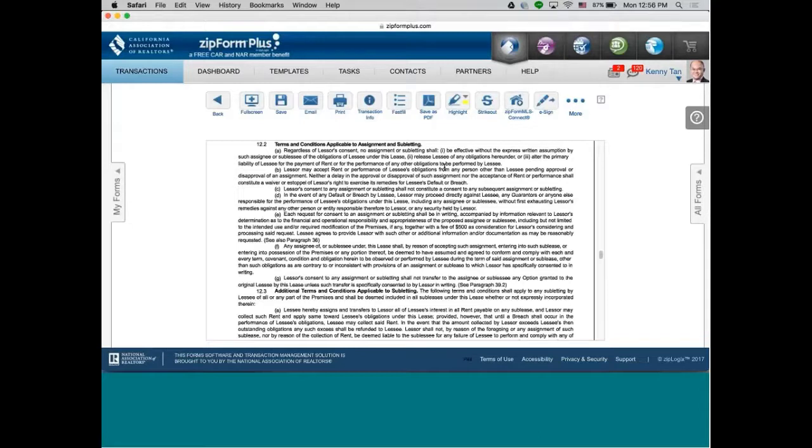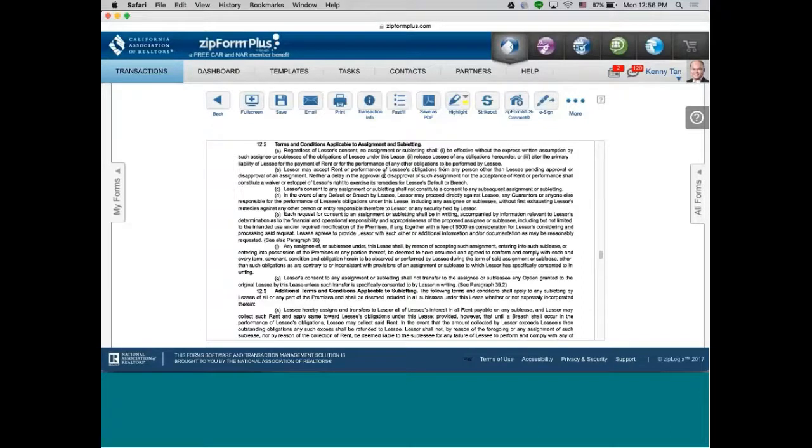This is actually quite interesting, because unless otherwise specified, whenever there is an assignment, usually the lessee is secondarily liable. But according to the AIR agreement, even in an assignment, the lessee is still primarily liable. So in other words, they can still look to the lessee for payment. Okay?